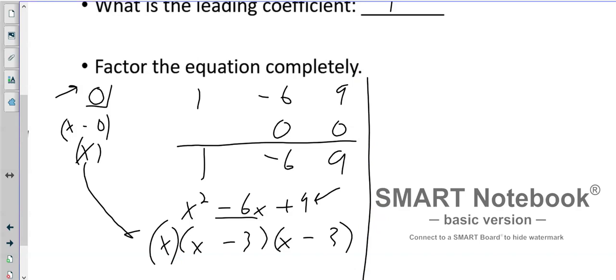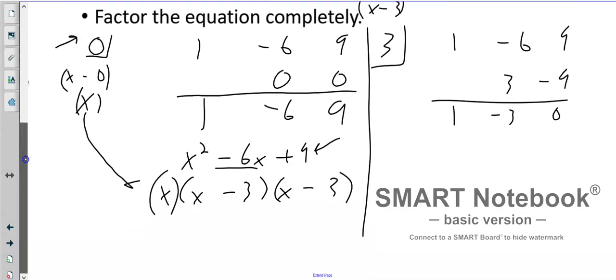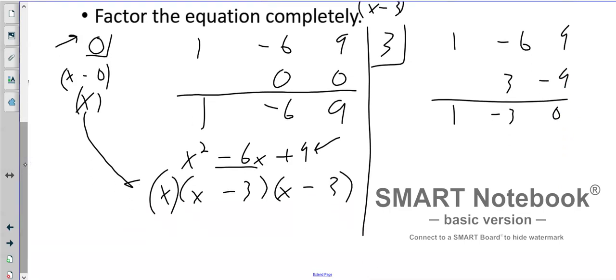Now, let's say, just for the heck of it, I did go with 3 in my box. Which remember, that represents x minus 3. 1, -6, 9. Drop the 1, multiply by 3. Add straight down, multiply by 3. There's my 0. Now what that would have given me is, this is a little weird.